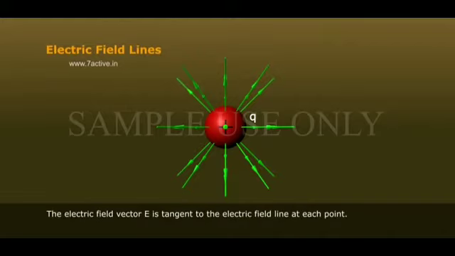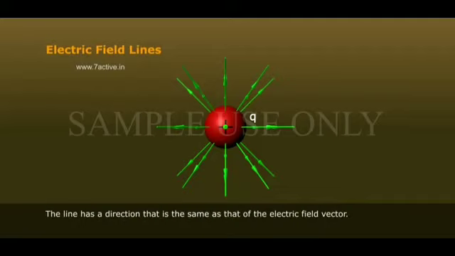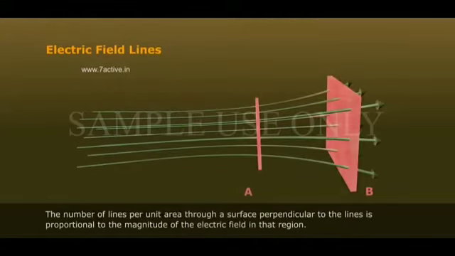The electric field vector E is tangent to the electric field line at each point. The line has a direction that is the same as that of the electric field vector. The number of lines per unit area through a surface perpendicular to the lines is proportional to the magnitude of the electric field in that region.